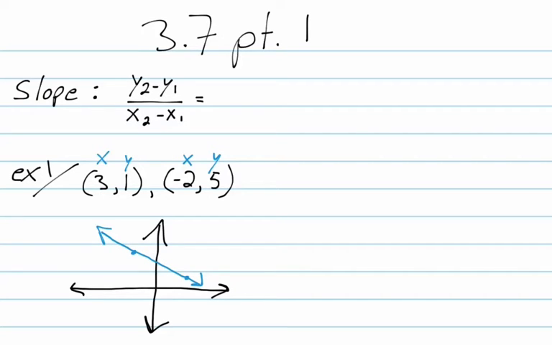What I normally do is just go straight across from left to right, 1 minus 5. Those are my y's, and I'm going to put that on top. I don't necessarily need to do 5 minus 1. Sometimes I feel like going back and forth like that confuses you more than just going 1 minus 5. On the bottom, it'll be 3 minus a negative 2.